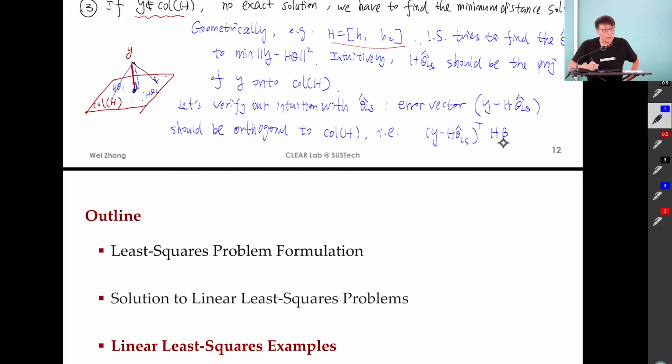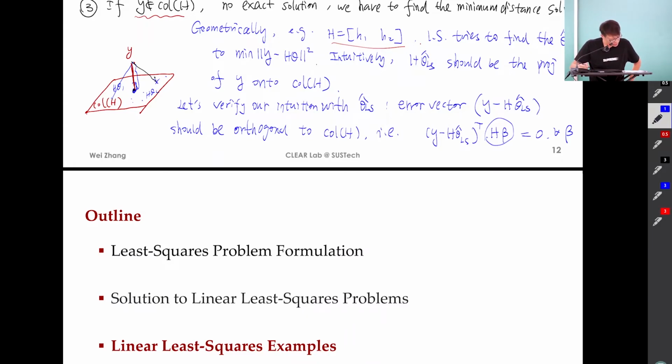H times beta for some beta will be a linear combination of the columns of H. So this guy will be a generic point on the plane. Are you with me? This has to equal 0 for any beta. Of course, if beta is 0, it's always 0, but for any beta it has to be true, then that's orthogonal.